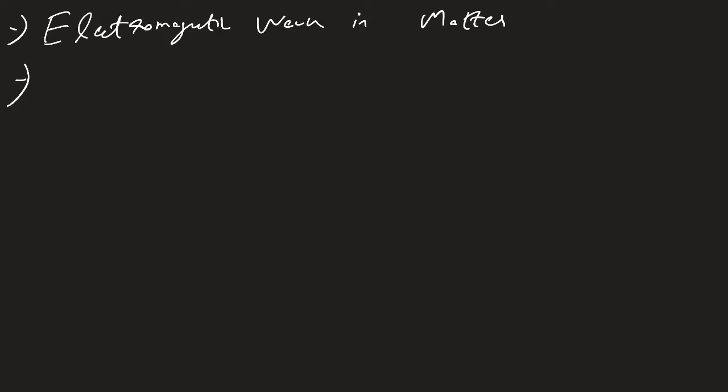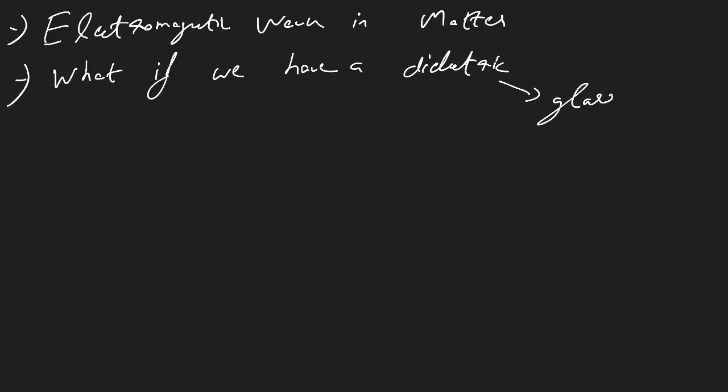But now the question is that what if we have a dielectric? Now, what do we mean when we say a dielectric? For example, glass is a dielectric. Something like, let's say, a sheet of plexiglass or acrylic, that'll be a dielectric.